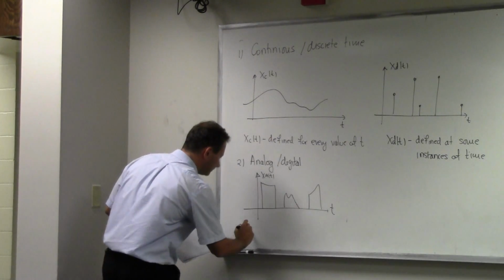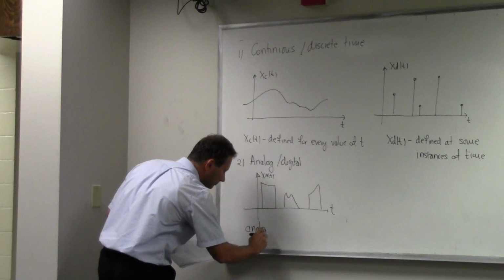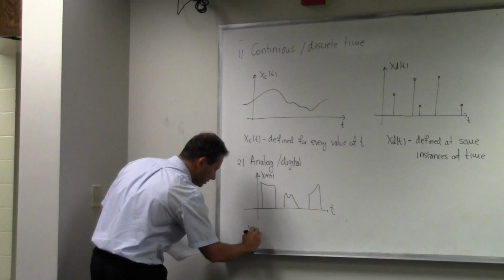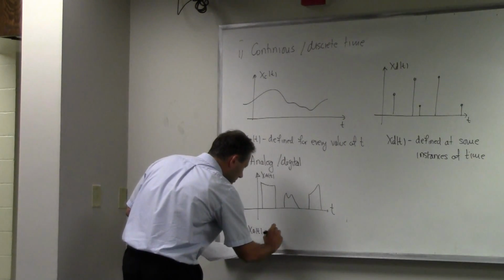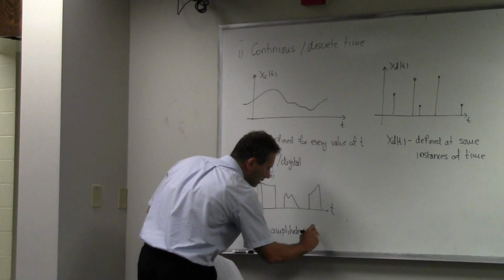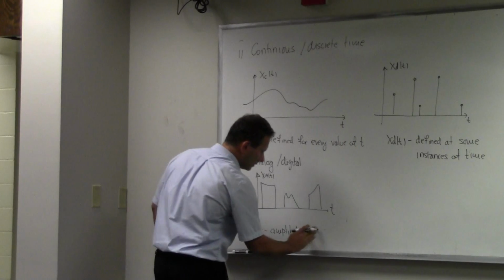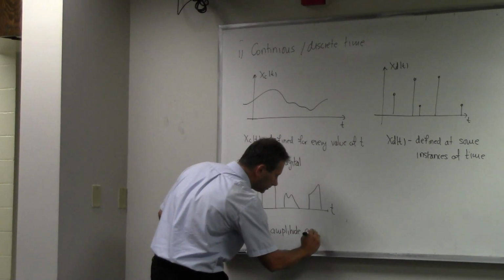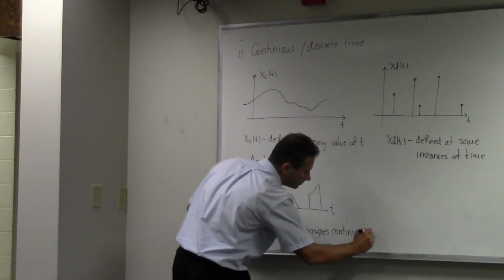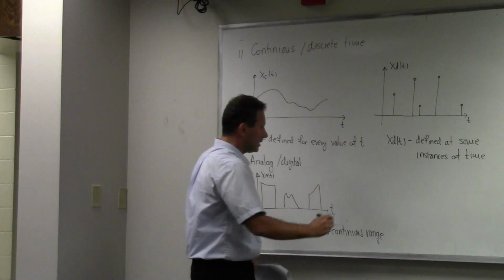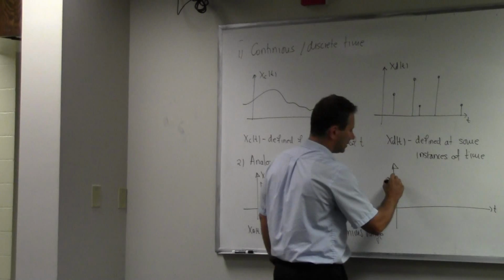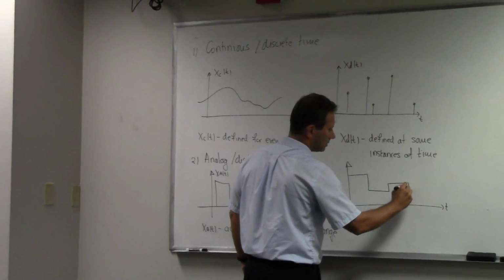So for analog signals, xa of t, the amplitude occupies a continuous range. On the other hand, we have digital signals that might look somewhat like this. Right?